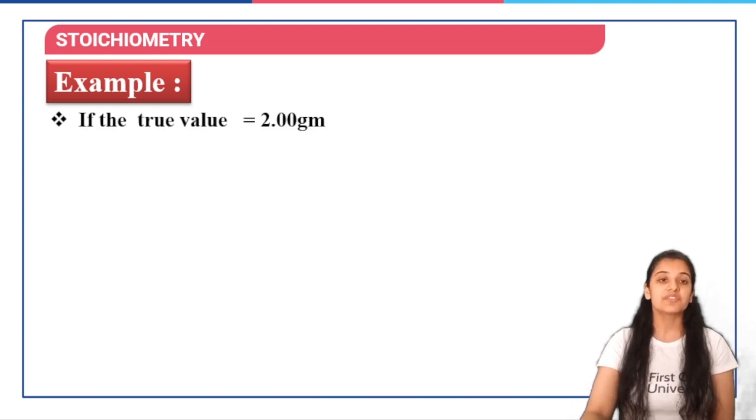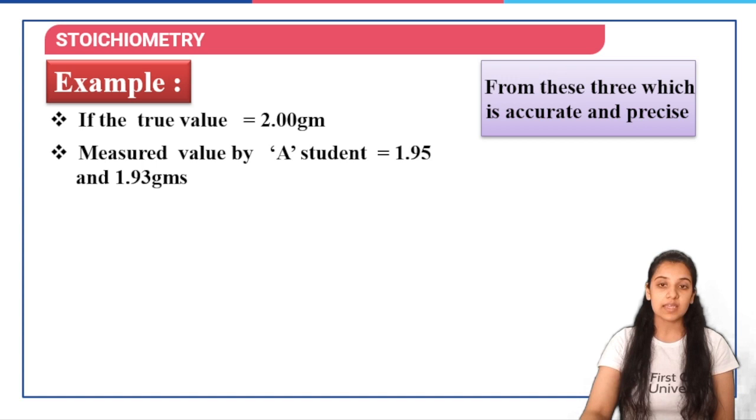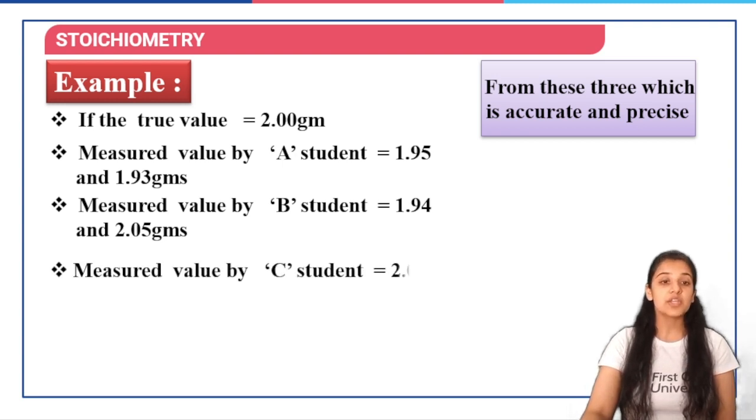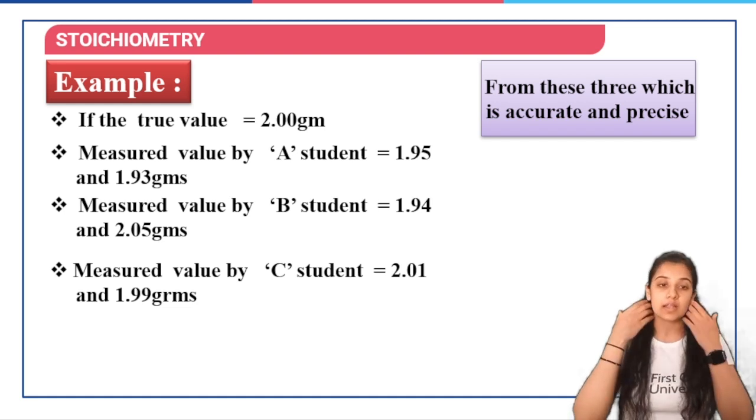For example, if the true value is say 2.00 gram, from these three, which is going to be accurate and precise? So measured by A student, he says it's 1.93 grams and 1.95 grams. The measured value by B student says it's 1.94 and 2.05 grams, and the measured value by C student is 2.01 and 1.99 grams.